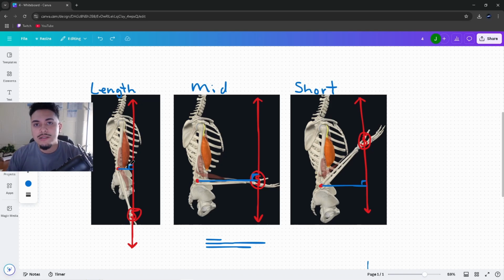So if we wanted to optimize or make the dumbbell bicep curl more efficient, we would want to do so by making the moment arm here in the lengthened range larger, because we're capable of producing more force here. Remember, the longer the moment arm, the more force your muscles are producing in that range of motion.